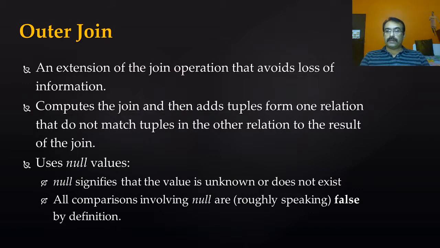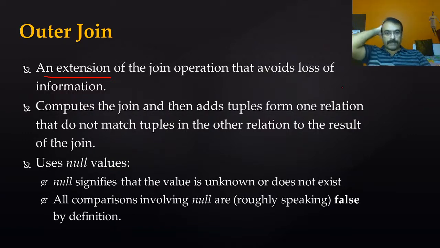But when I go for outer join, the scenario will be a little different. In this case, we are taking into consideration the things which are left over. So it is an extension of join operation that avoids loss of information. As I said at the very beginning, when I try to combine two relations, I should avoid the loss of information.